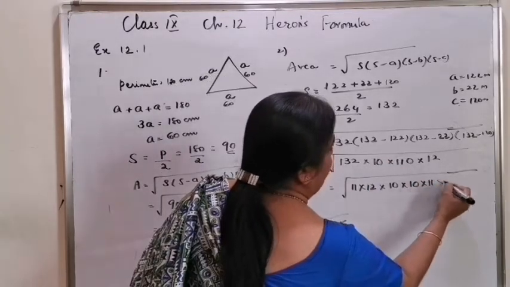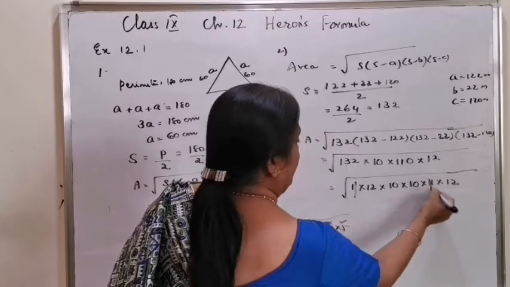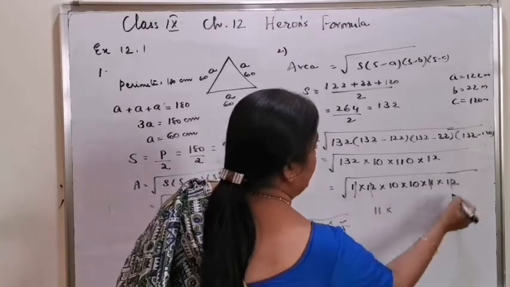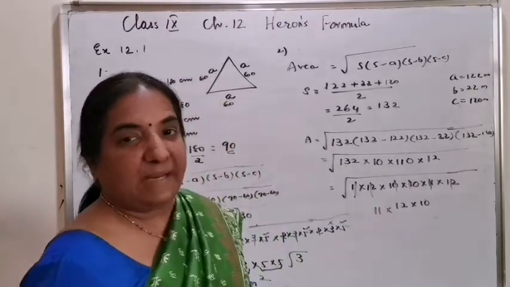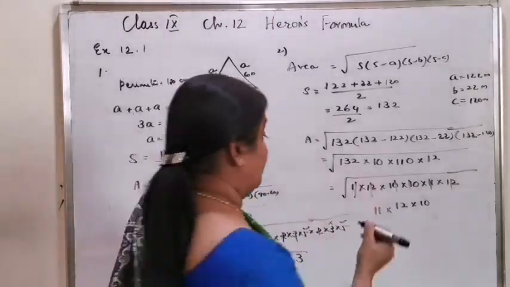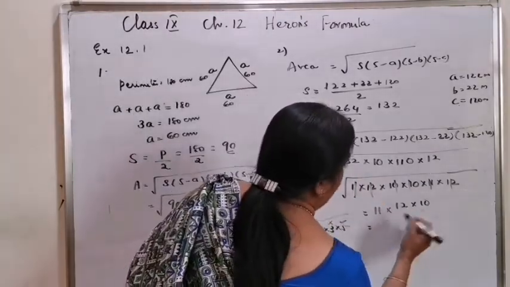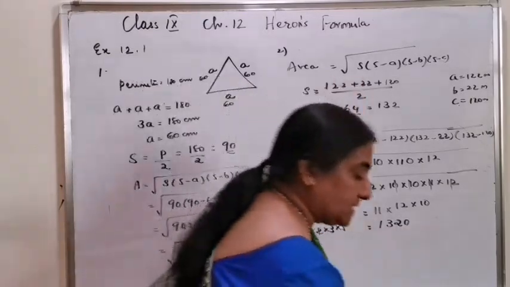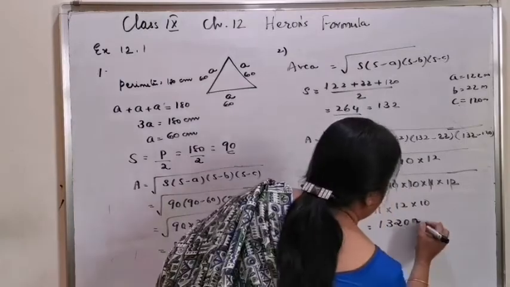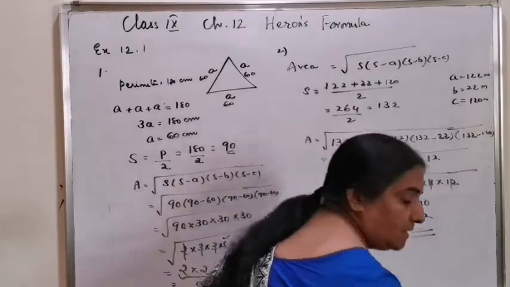So 11 into 12 into 10. Even if you take the prime factors, the answer will be the same, which is equal to 20 meter square. That is the area of the wall.